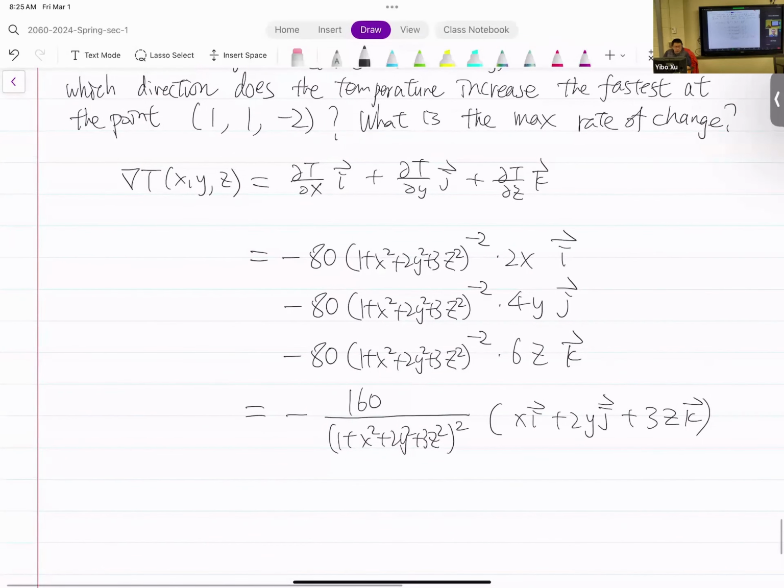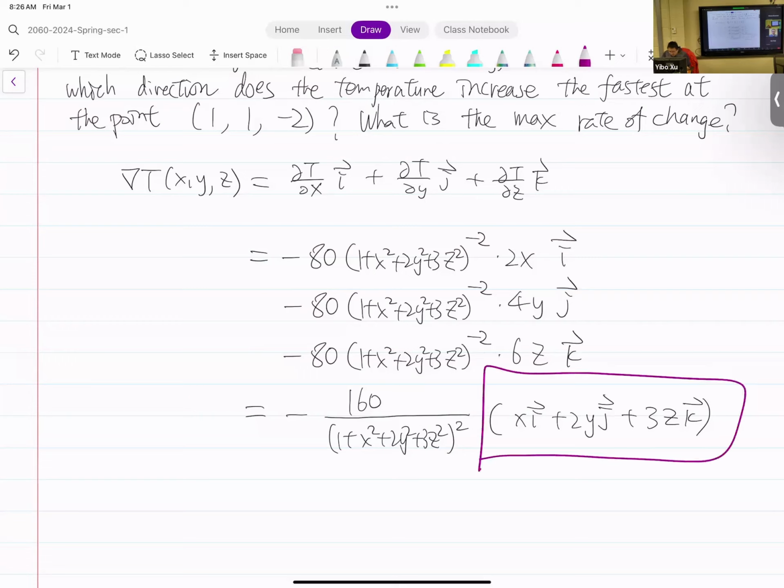So let's look. This is something you should be proficient at by now. So the partials, and now we just plug in the point 1, 1, negative 2. If you want to get the unit vector, you plug in 1, 1, negative 2, and then you will get the direction.